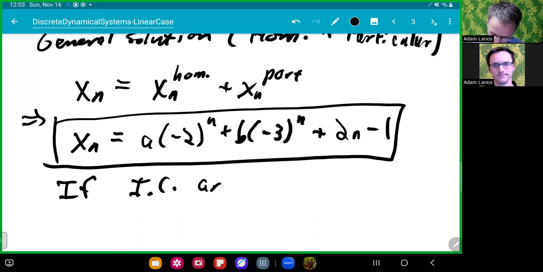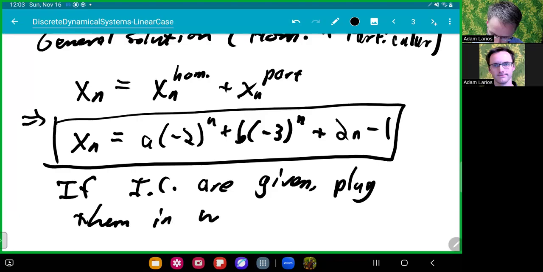Now, if initial conditions are given, we would only plug them in now. Sometimes students will make a mistake of plugging in the initial condition to the homogeneous part, which won't make sense because it's not a solution to the original equation.